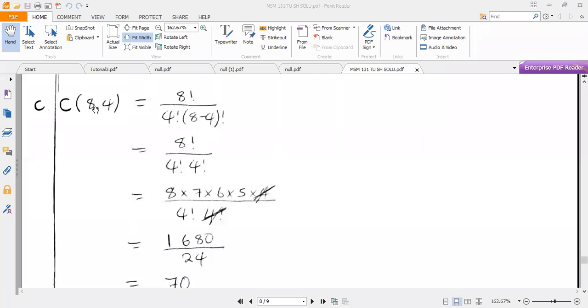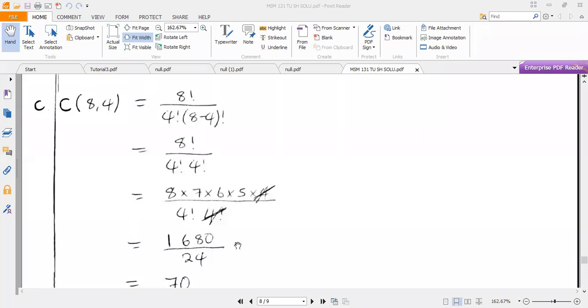So the combination 8 over 4, so 8 factorial over 4 factorial, open bracket 8 minus 4 factorial, so it will be 8 factorial over 4 factorial over 4 factorial. So it will be 8 times 7 times 6 times 5, times 4 factorial. So the 4 factorial cancels with 1 4 factorial.